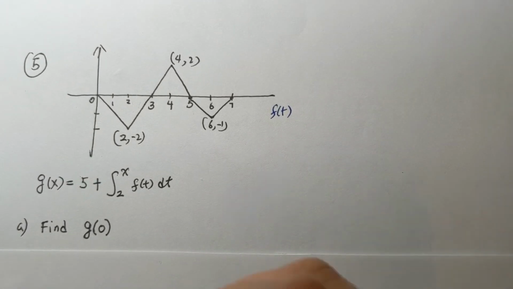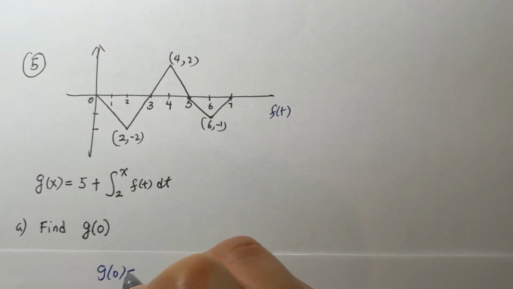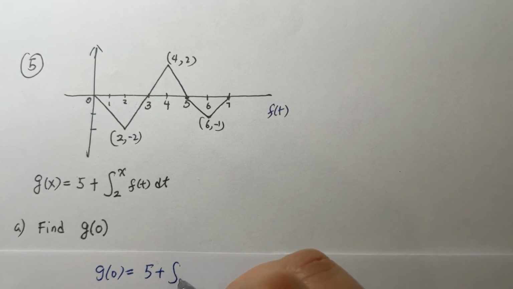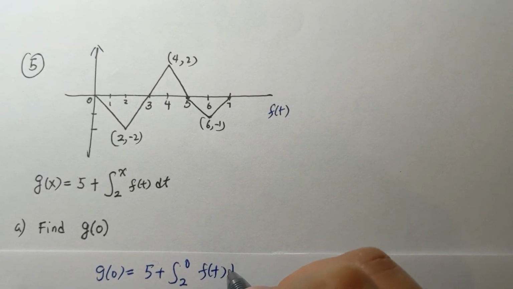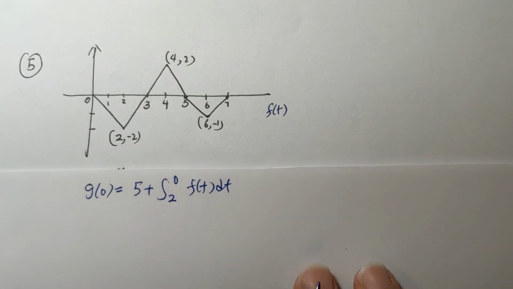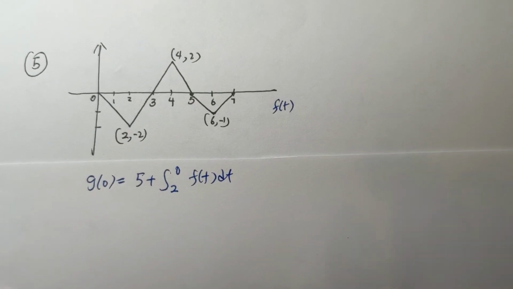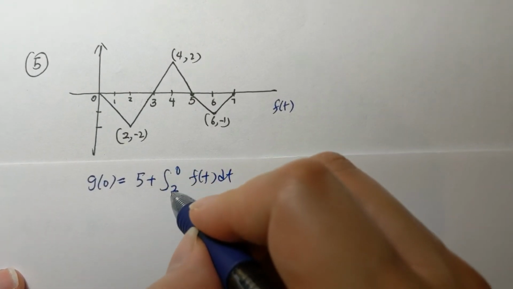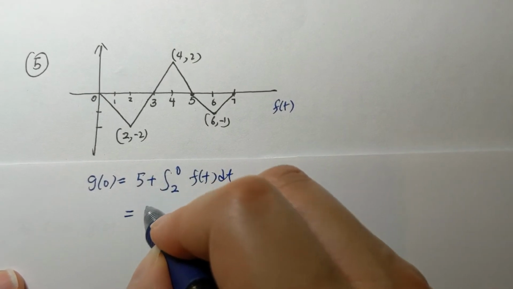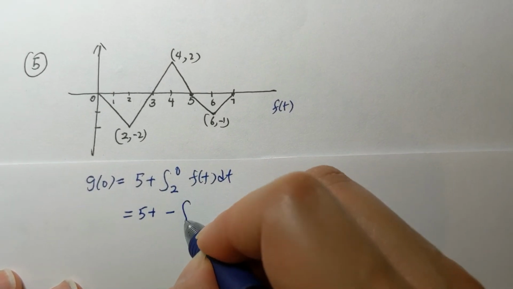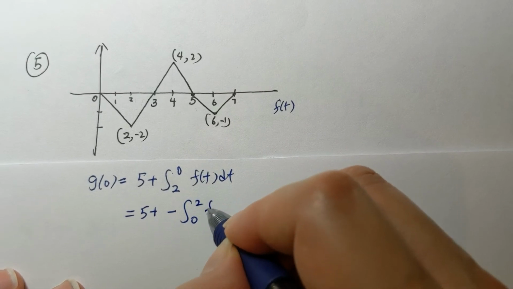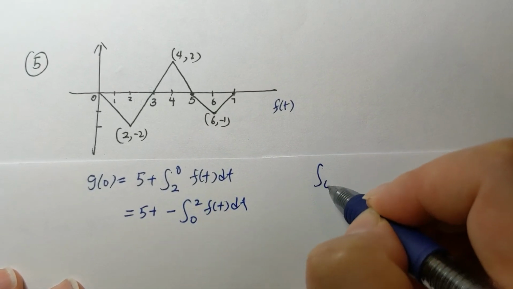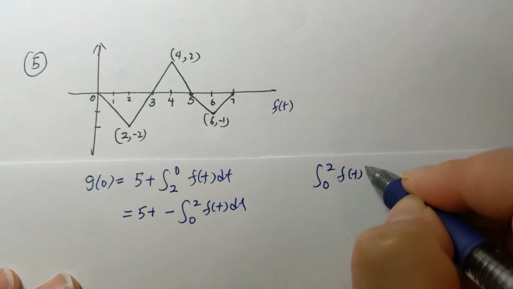So g of 0 equals 5 plus the integral from 2 to 0 of f(t) dt. So now we are going to find the integral from 2 to 0. This is not the correct order, so we have to swap. When you swap, you have to put a negative sign in front. Now we're going to do 0 to 2 of f(t) dt.